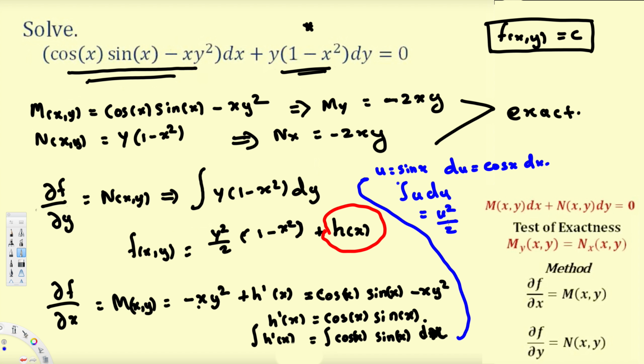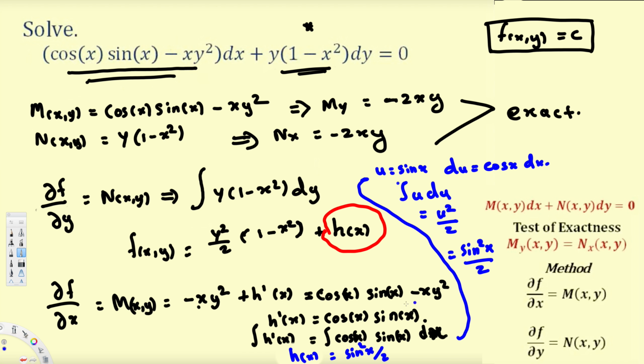So here we have u squared over 2, and we know that u is equal to sin x, so we can write this as sin squared x divided by 2, and that's going to be our integration. So h of x is equal to sin squared x divided by 2.